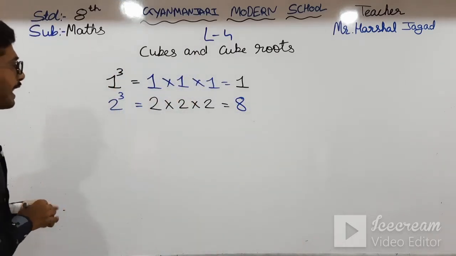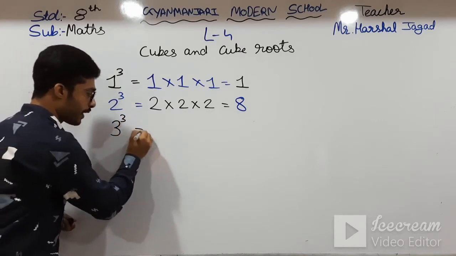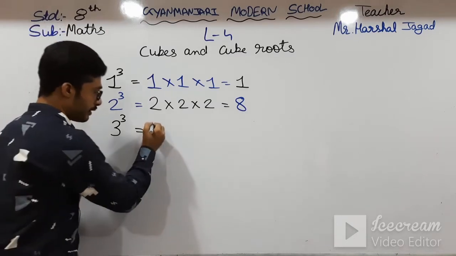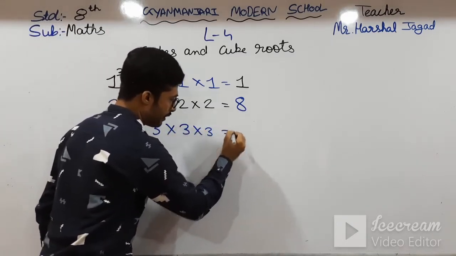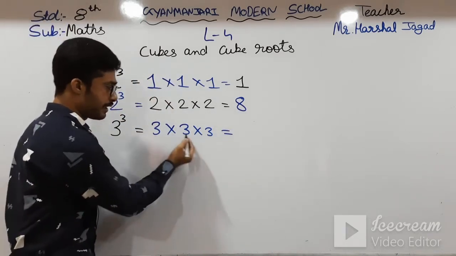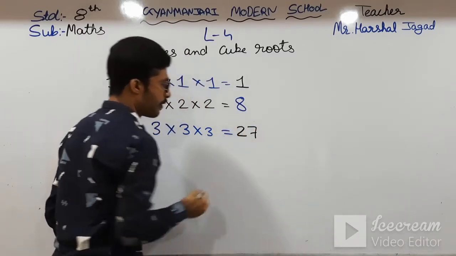Okay, students. And next 3 raised to 3 power, that is 3 cube, 3 into 3 into 3. What will be the cube of 3? It will be 3 3s are 9, 9 3s are 27. Okay, students.